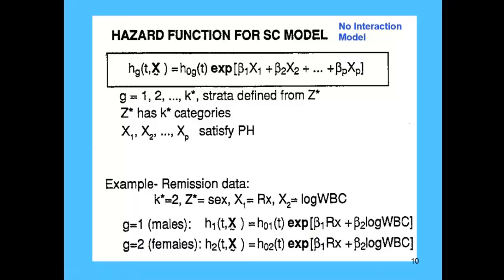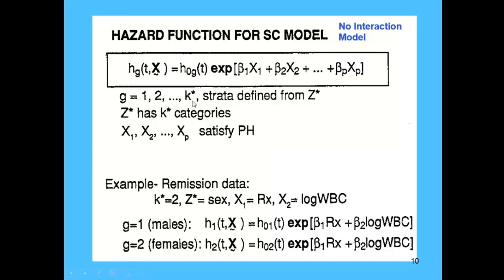So when you're talking about a stratified Cox model, you're saying you have a different hazard function depending upon which stratum you're in. That's what it says. So in order to specify a stratified Cox model, you have to write it H sub g of t of x. The g has to distinguish the different strata.